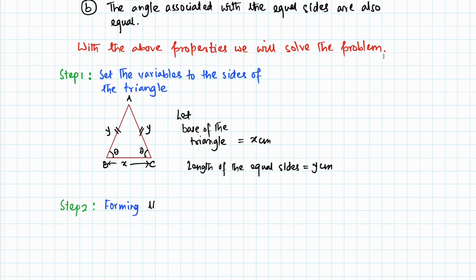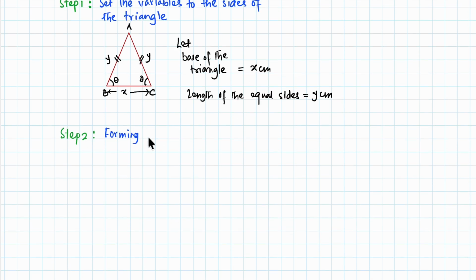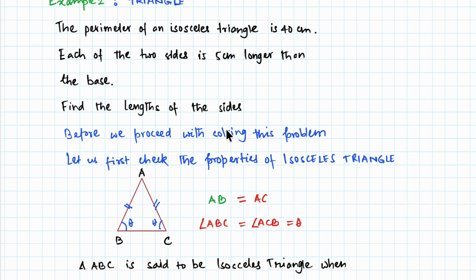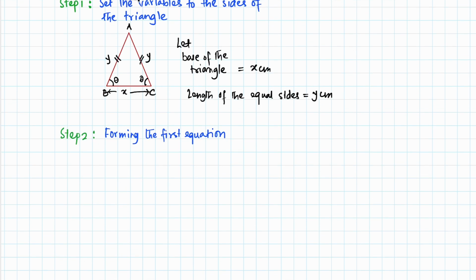Now step 2, forming the first equation. From the first statement, what is given? The perimeter of the isosceles triangle is 40. So the sum of the 3 sides is equal to 40 centimeters. So the perimeter of the isosceles triangle is equal to AB plus AC plus BC.